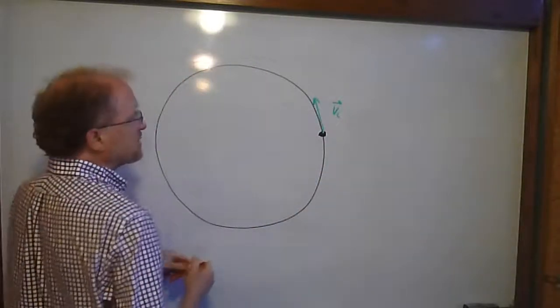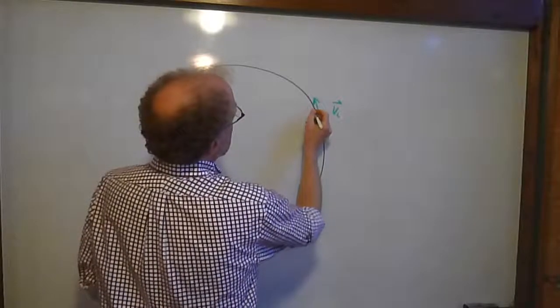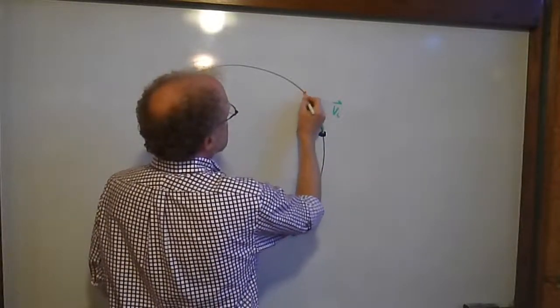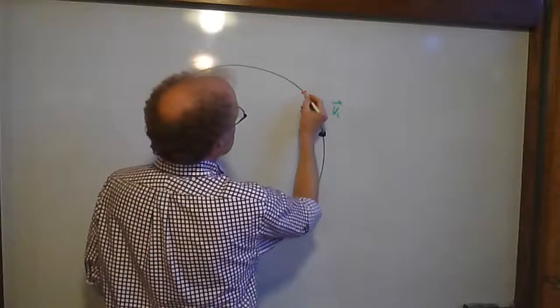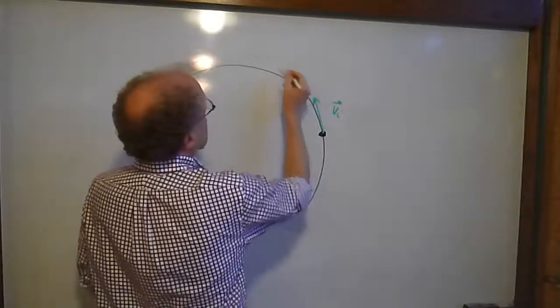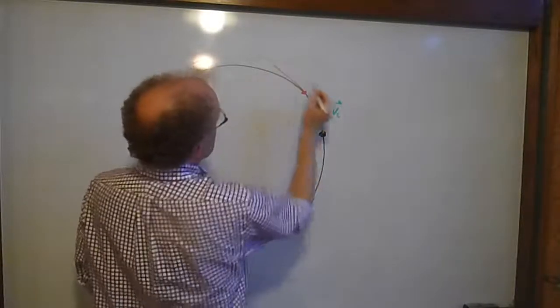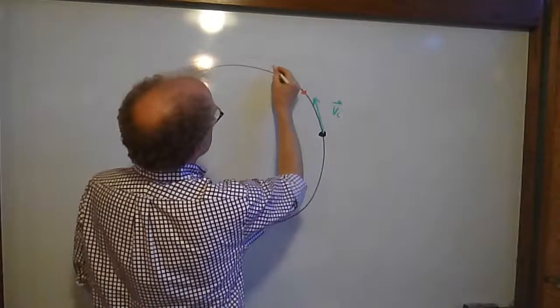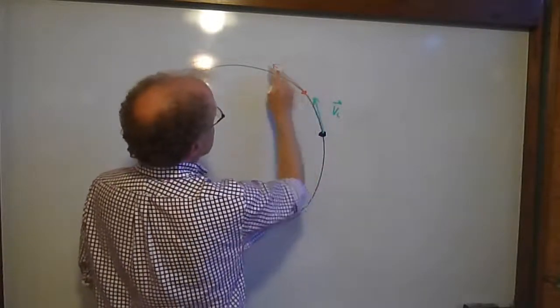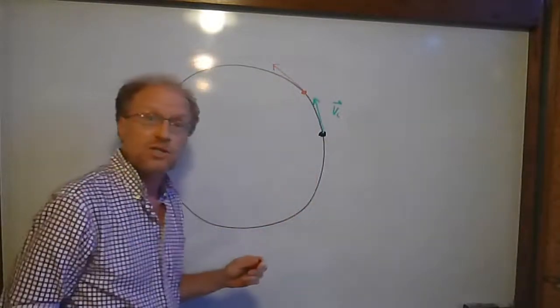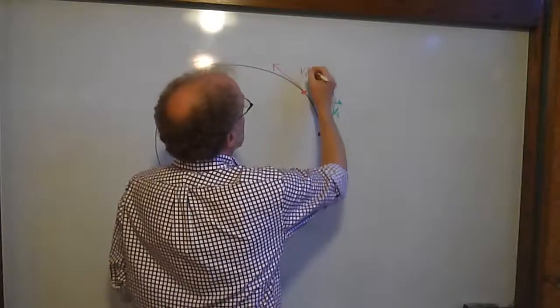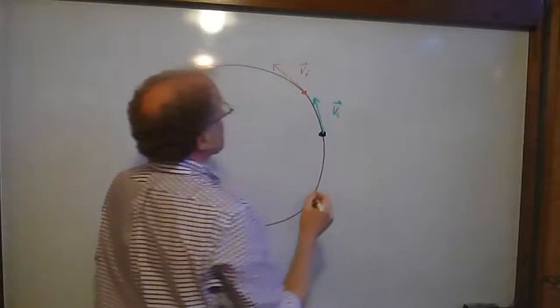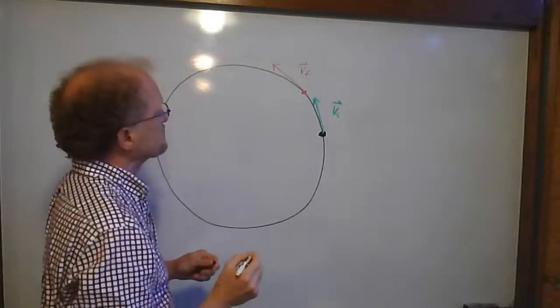And then a little bit later, let's say right here, the eraser is there. The velocity is in this direction. It's the same length, has the same magnitude, it's going at the same speed. And that I'm going to call our final velocity.